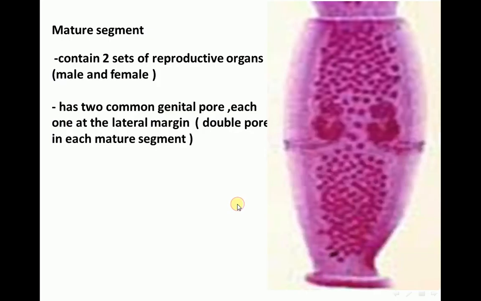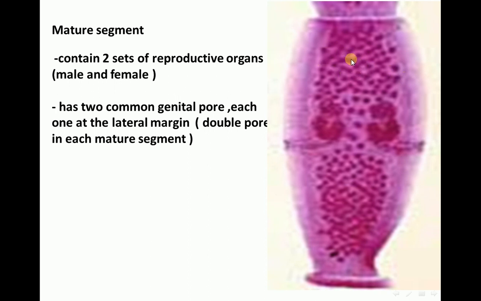Anterior portion contain scolex, neck, immature, then mature, and gravid segments. Mature segment. Each segment contains two sets of reproductive organs, male and female organs.